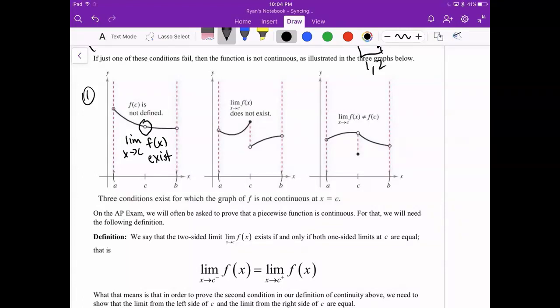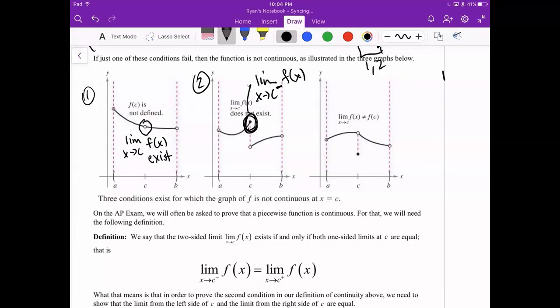In the second illustration, in the middle, the limit as x approaches c of f of x does not exist. The reason is that the limit as x approaches c from the left, which I denote with a little minus sign above the c, is equal to whatever y value is right there.